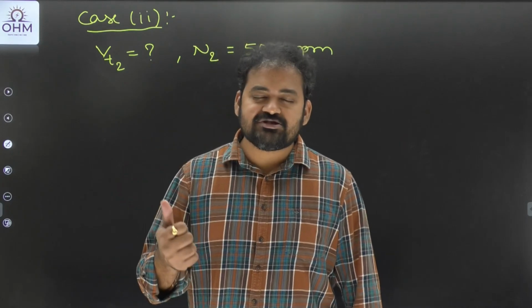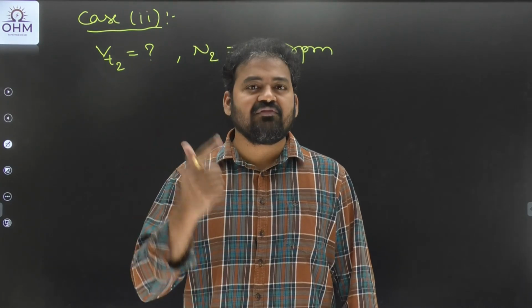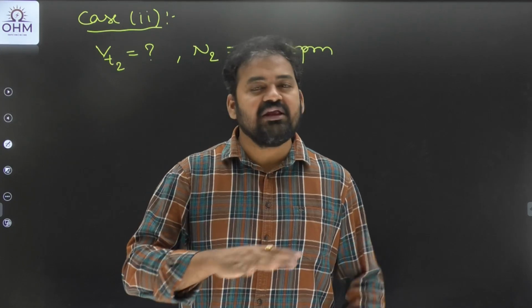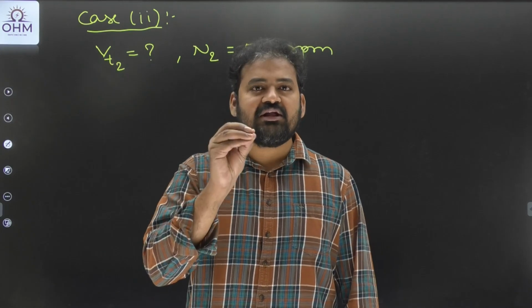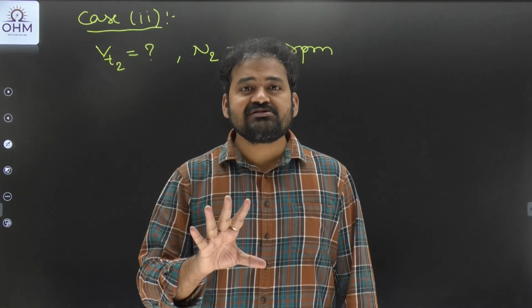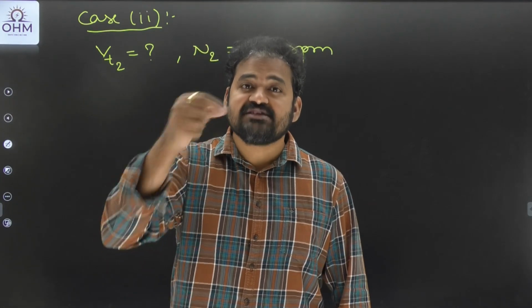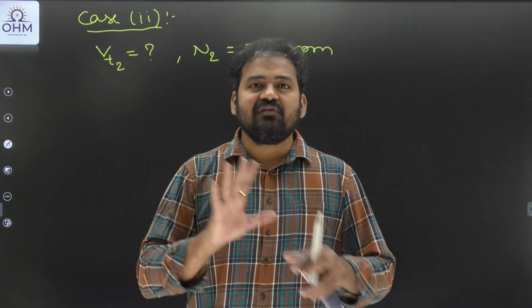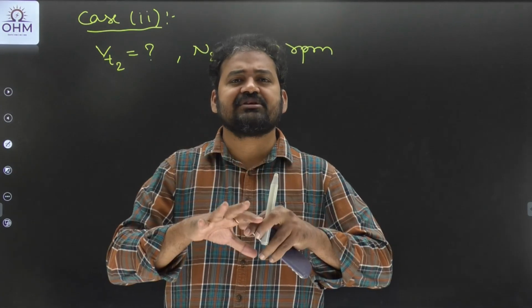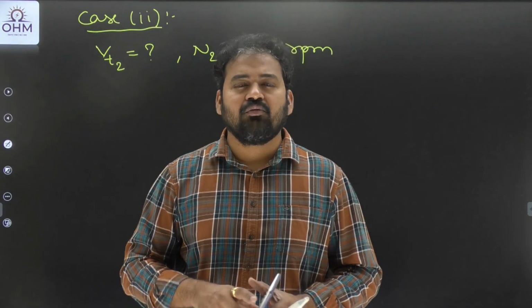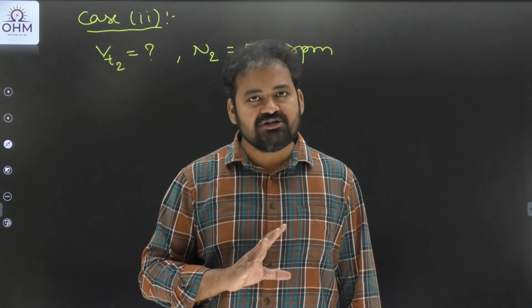Whether you disturb voltage, flux, torque or power, any parameter you disturb, current will modify. Never assume current is a constant value unless it is given in the problem. Whatever may be the disturbance, current will immediately change.